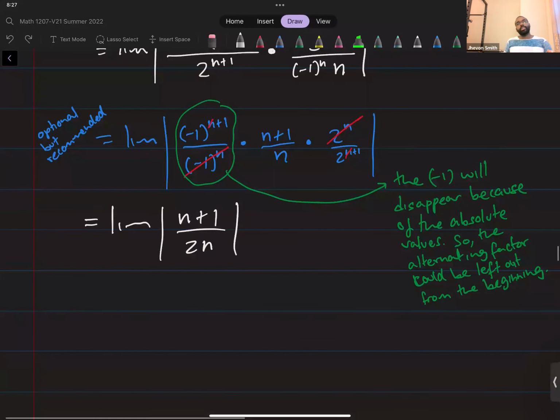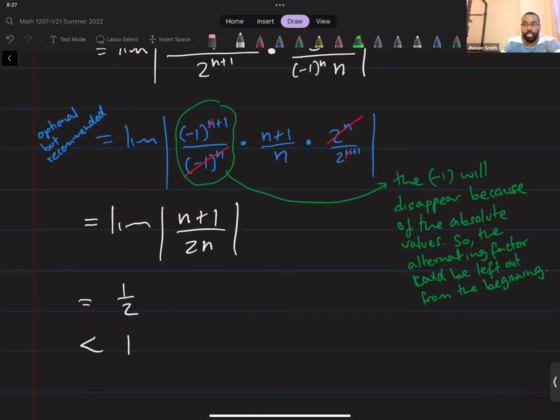Anyway, we know how polynomials would behave, right? Because the degree of the numerator here is the same as the degree of the denominator, it goes to the ratio of coefficients. So this limit is actually 1/2. And by the way, 1/2 is less than 1.